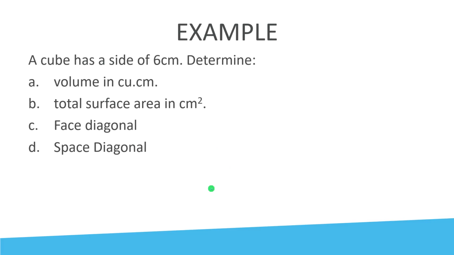We can simply use the formula, or we can directly solve the problem by assigning A as 6 centimeters. So for the volume, the volume of a cube is 6 centimeters raised to 3, which is 216 cubic centimeters.